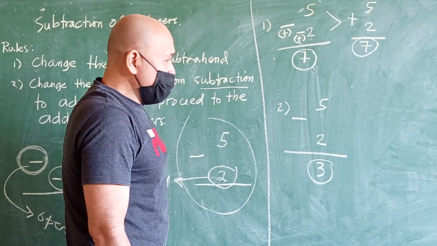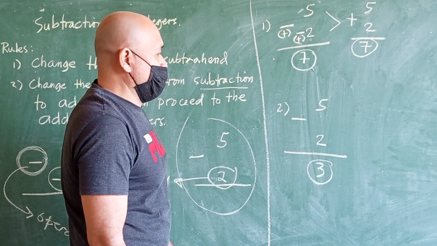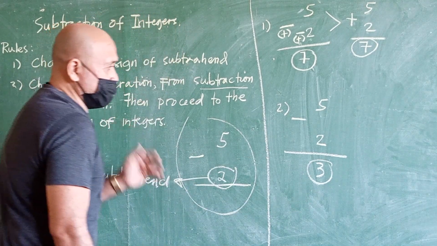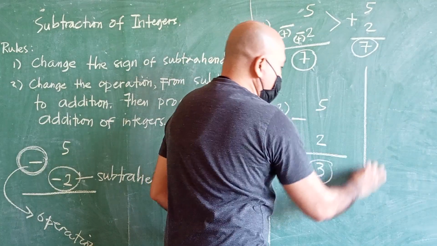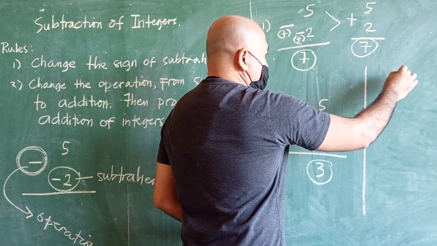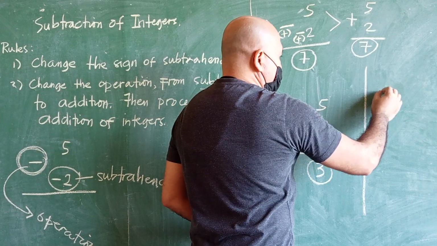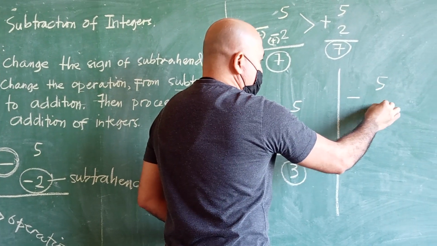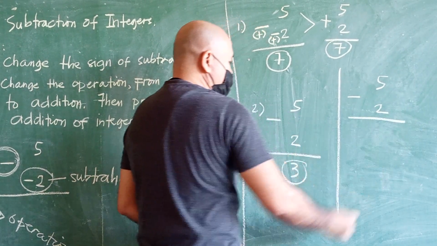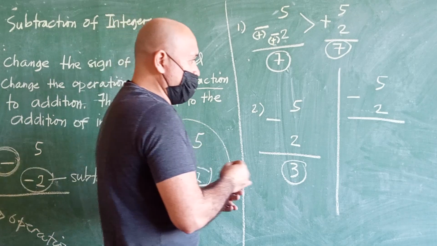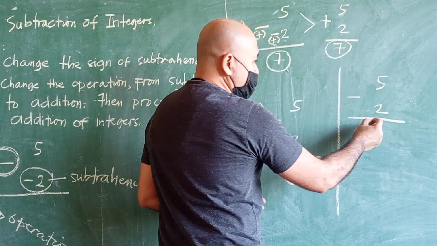Let's check if this is still true if we use these rules. Supposedly, by using the rules on how to subtract integers, you have positive 5 minus positive 2. Will we get the same answer by applying the changing of sign and operation?